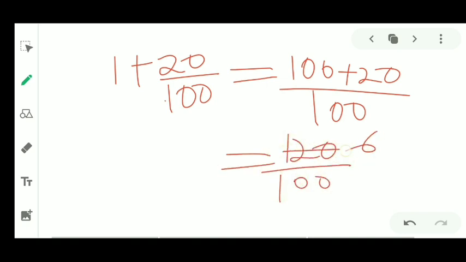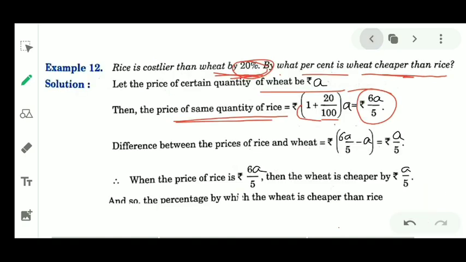Now 20 sixes are 120, 20 fives are 100, so 6A by 5. The price of the same quantity of rice equals 6A by 5.